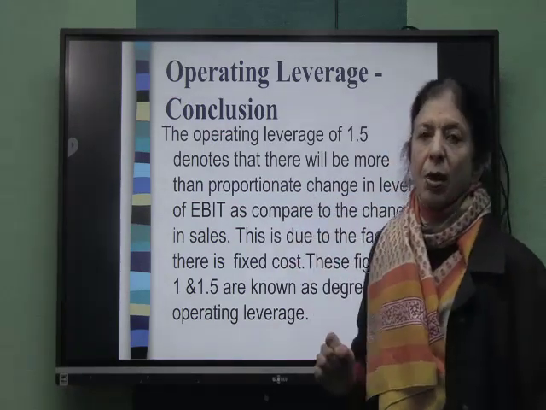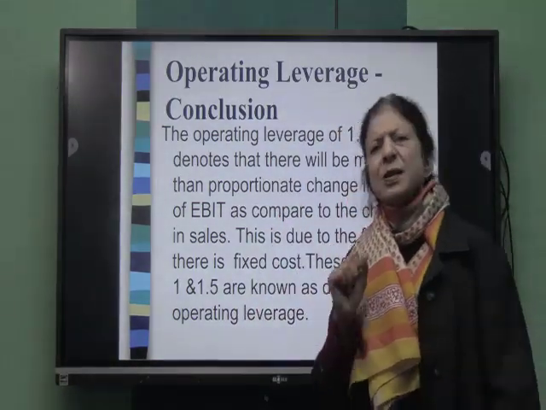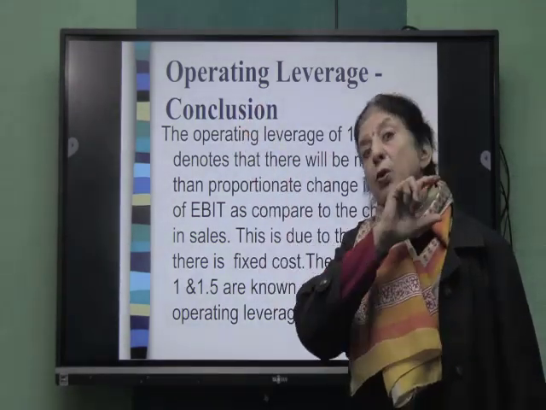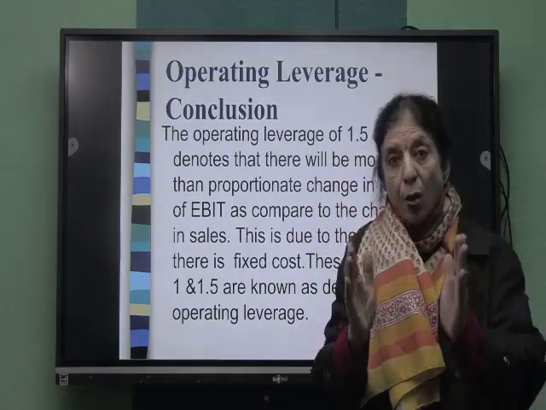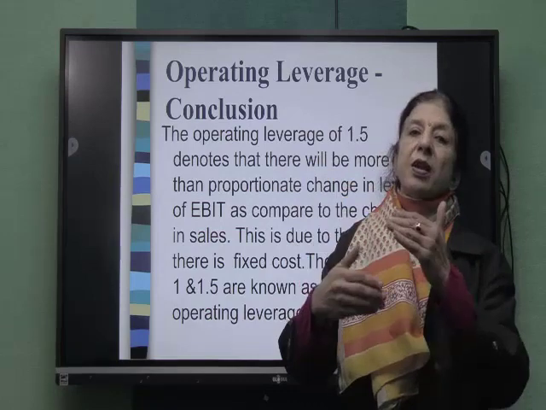Understand this logically. Why is it more than 1? Beyond the break-even point, the whole of the fixed cost is being recovered, and now whatever is the contribution margin goes towards the increase in the profit only.